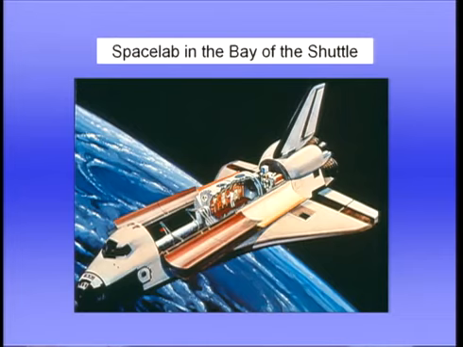Once you get into orbit, the Space Lab is shown here. Space Lab is in the bay of the shuttle, as you can see, and it consists of a cylindrical laboratory. It's approached through a tunnel from the flight deck here, and it's a laboratory where conditions are essentially normal barometric pressure, normal inspired gas concentration, oxygen is 21%, normal temperature, humidity.